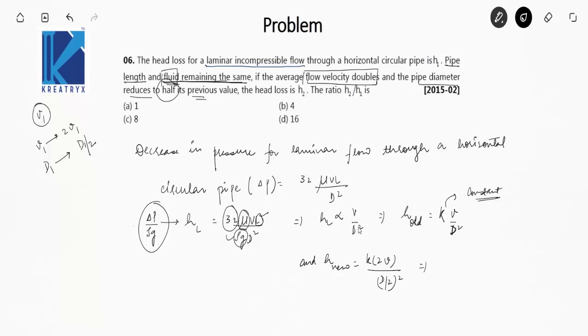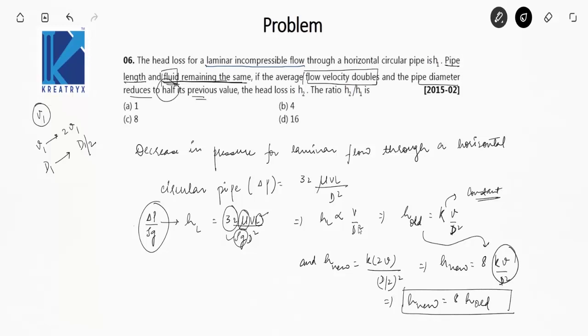So can I say that H new is equal to 8 into KV by D square, which is H old. That implies the head loss in the second case will be 8 times the head loss in the first case.